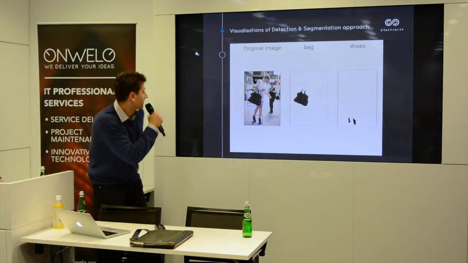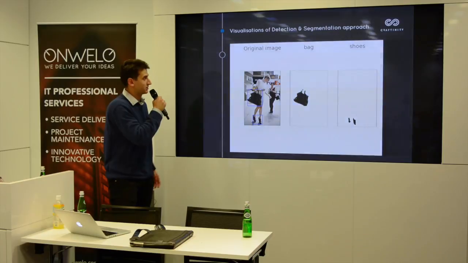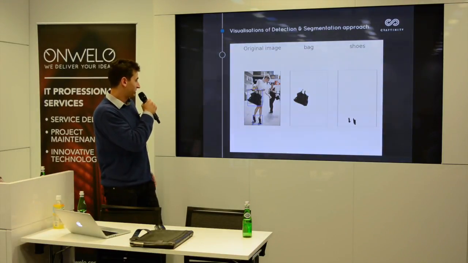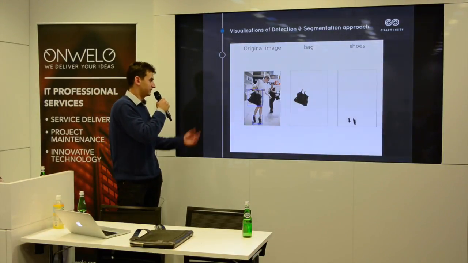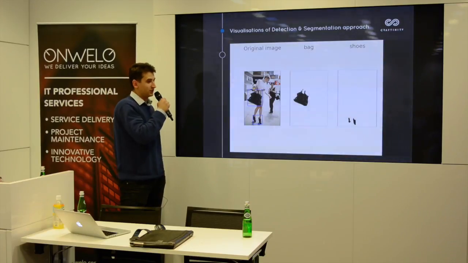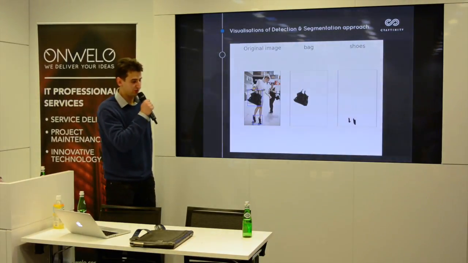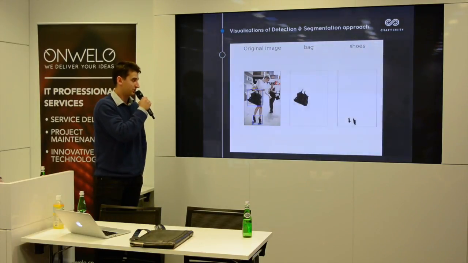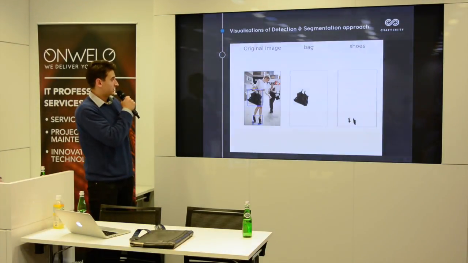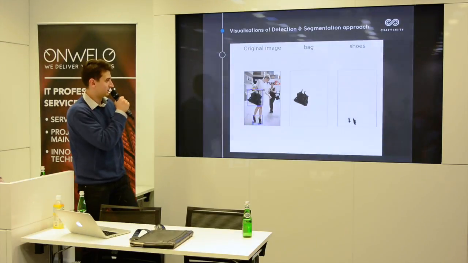Okay, and finally, a visualization of our second approach. That is, we detect the bounding box around the bag, for instance, and later segment it with a Deeplab trained on two categories. So that's how the mask looks.